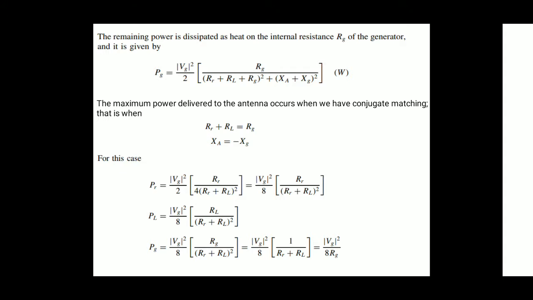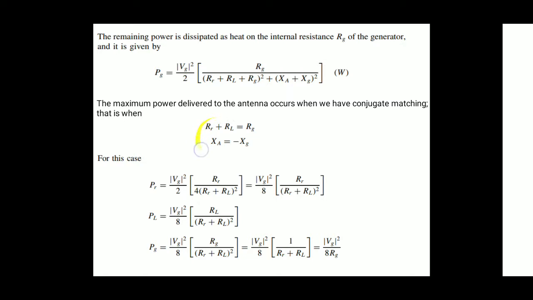In this case, the load is the antenna, and the total antenna resistance is RL plus r, equal to the generator resistance Rg. Similarly, for maximum power transmission, the reactance of the generator is the negative of the reactance of the load. So this is the antenna reactance Xa, and minus Xg is the generator reactance.